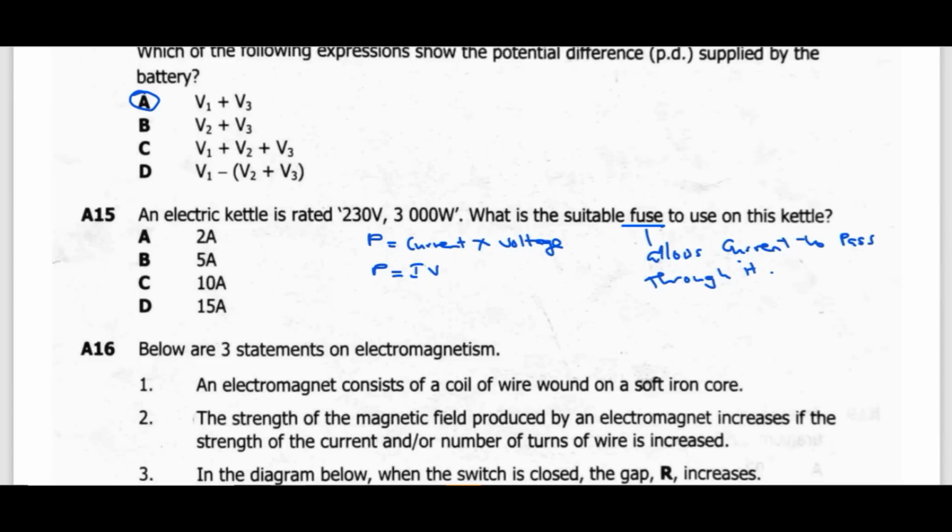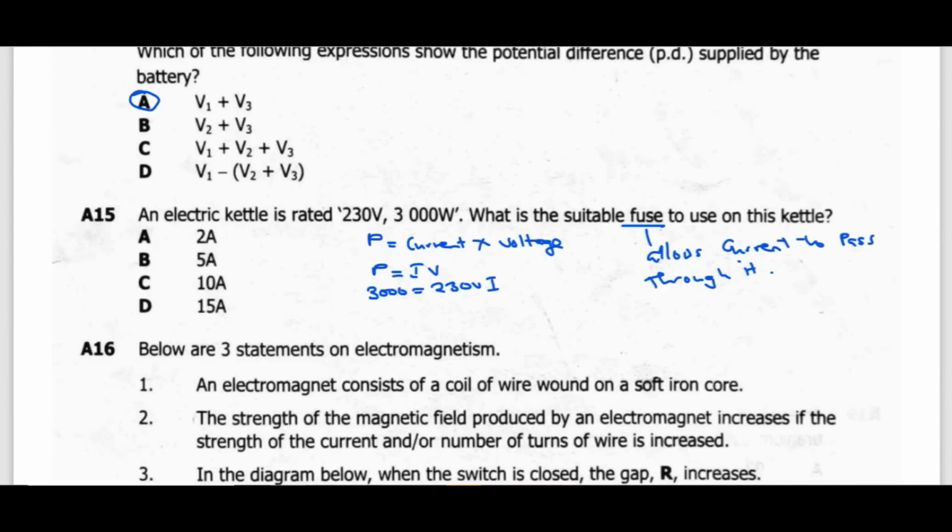So we can say power 3000 is equal to current times 230 voltage. Current we don't have.